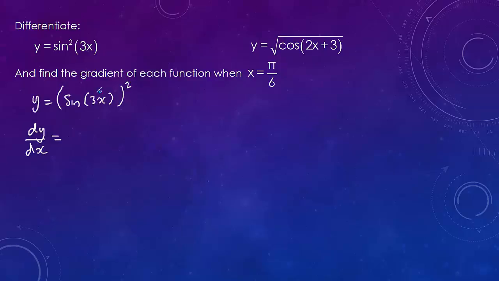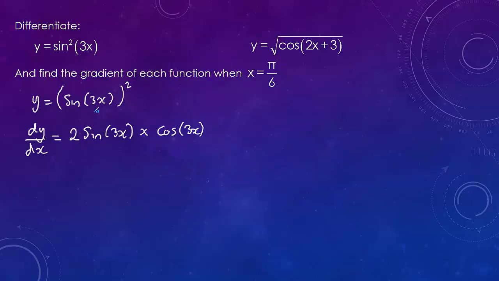So first of all, differentiate this outside function. The 2 is going to come down in front, and then we'll have sine 3x. Then we have to multiply by the differential of the inside function. Well, we know that sine differentiates to cos, so that's going to be cos 3x. Remember, the argument won't change.